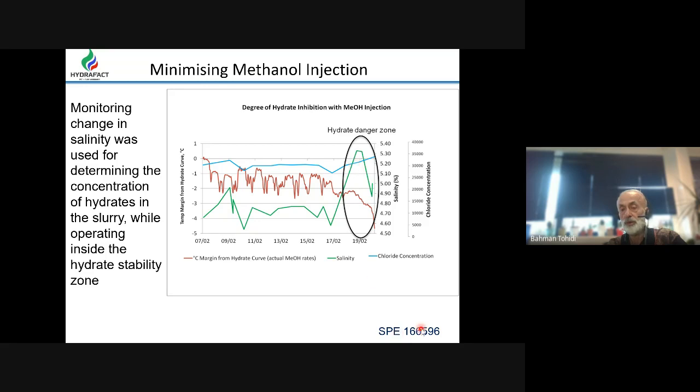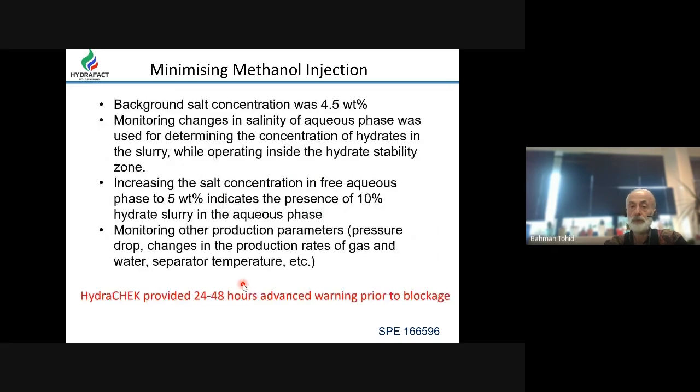This is published. So we were able to give them 12 to 48 hours warning before hydrate blockage.